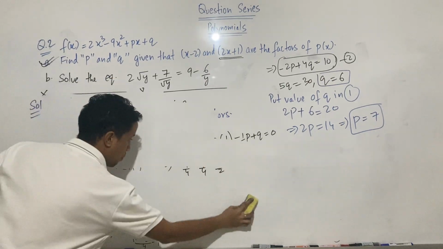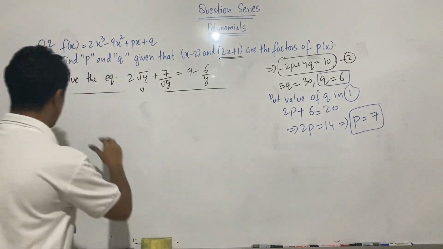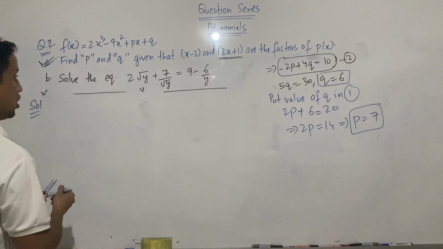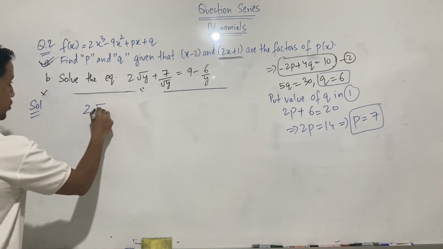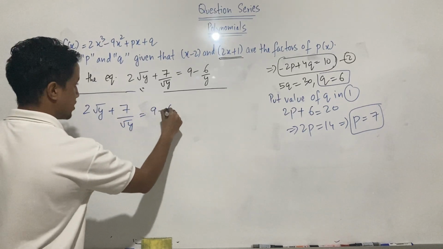Now let's switch to part B of this question. Part B says that we have to solve this. What's given is 2 square root y plus 7 over square root y equals 9 minus 6 by y.